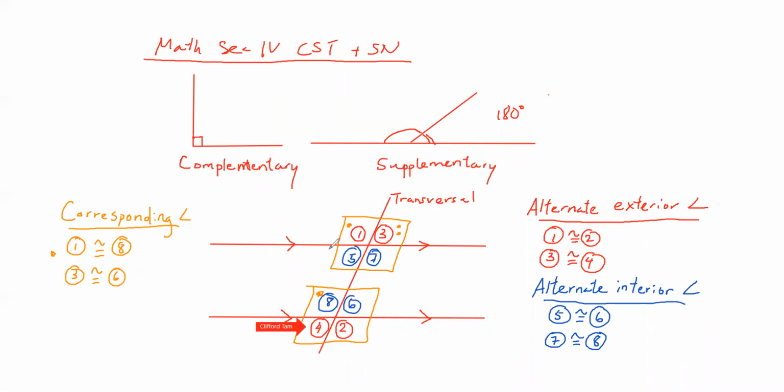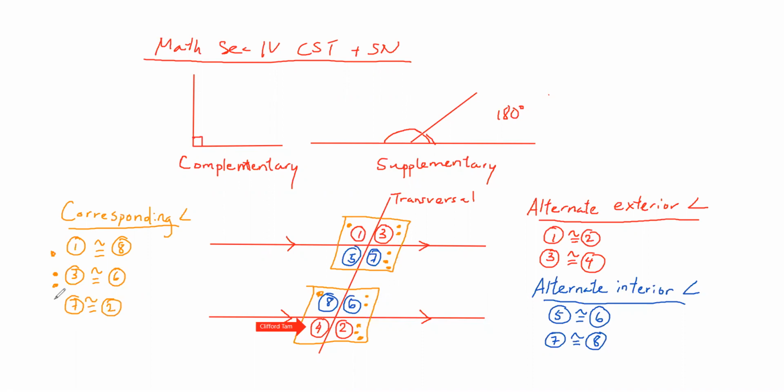I'm going to put 2 dots for you guys here and 2 dots here. Then I have my angle 7 right here, I'm going to call that 3 dots, is corresponding to angle 2. So angle 7 is corresponding to angle 2, therefore congruent.